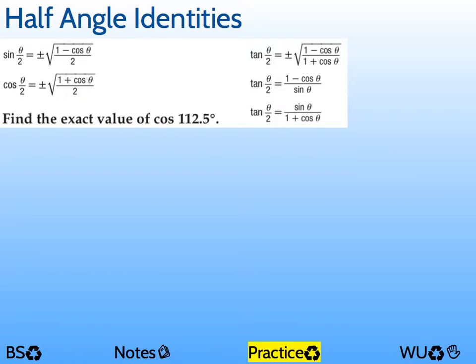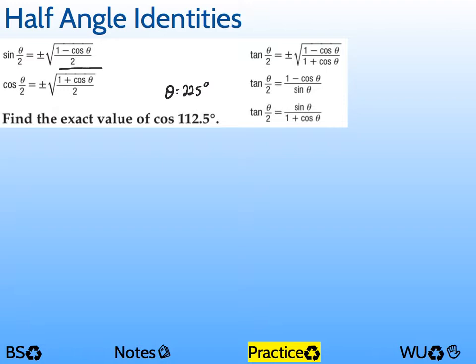So for solving cosine of 112.5, what angle would be twice as big as 112.5? Well, you just multiply by 2, and we realize that in our formula here, theta is 225 degrees, because that's twice as big as 112.5.